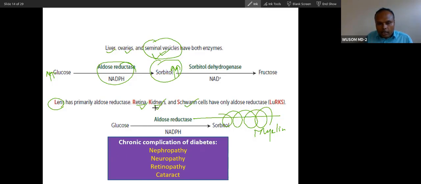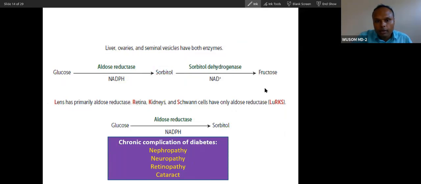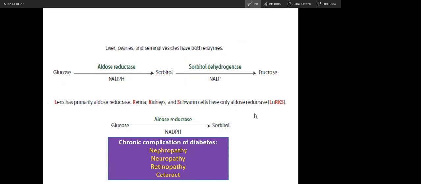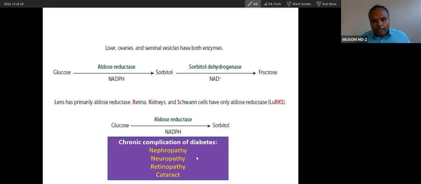That is why the polyol pathway is the reason for chronic complications of diabetes. Do you know about nephropathy, neuropathy, retinopathy, and cataract as chronic complications of diabetes? Can anybody be quick to tell me? No, sir. No? So remember, these are very, very important. I am giving you one step of the concept here, but you will have to study this in detail.